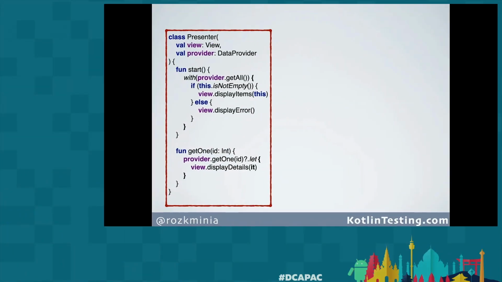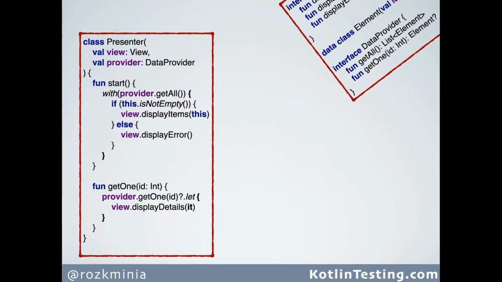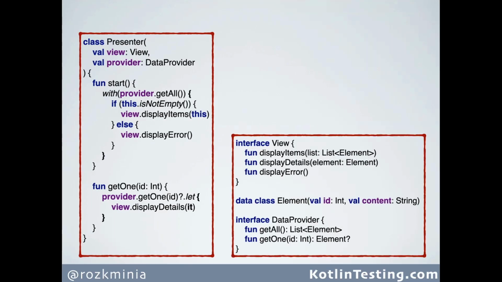We have some view which will display list of items. We have data source such as database described by interface with two methods, get all elements and get one element by ID. And we will use Mockito to create stub for data provider and to create mock for view.